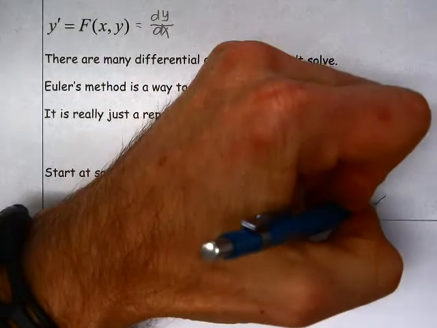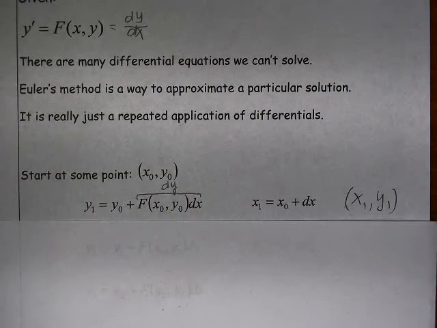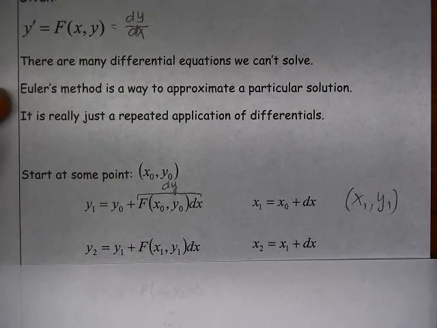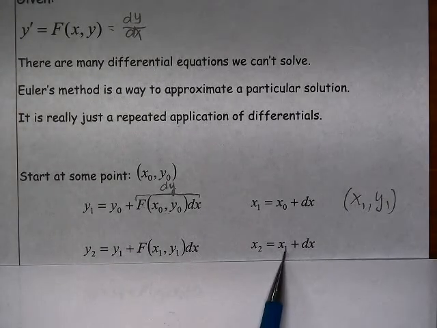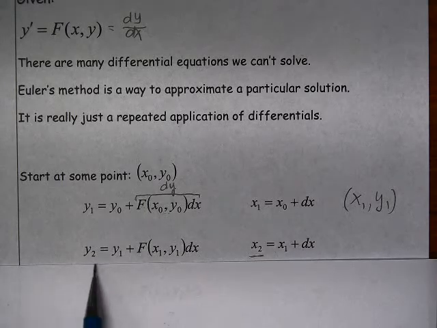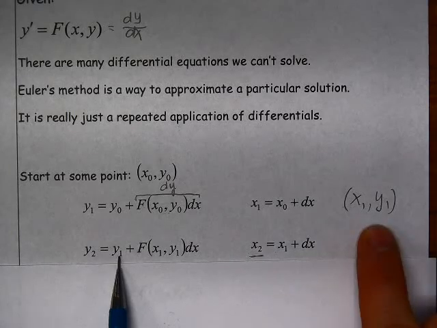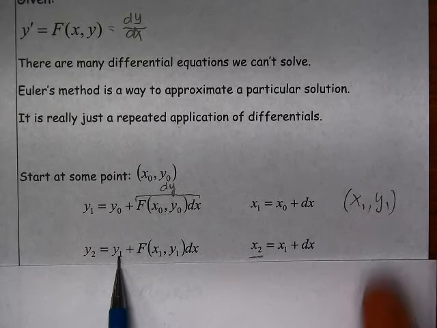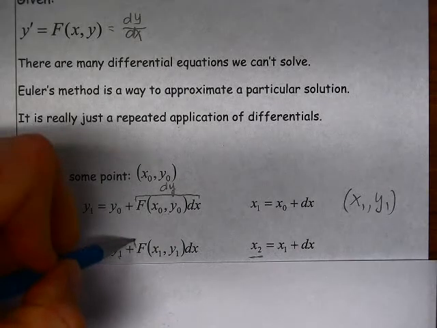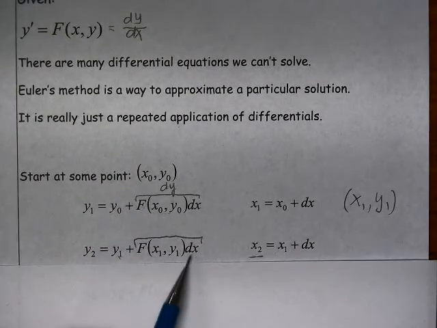So now we have this new point, x1, y1. We use that as our starting point for the next step. So we move some distance horizontally to the new x value, x sub 2. To find the new y value, we take the original y value, our y1, the one that we got in this step, and we add the new slope, or the slope at the new point, times the new differential of x.